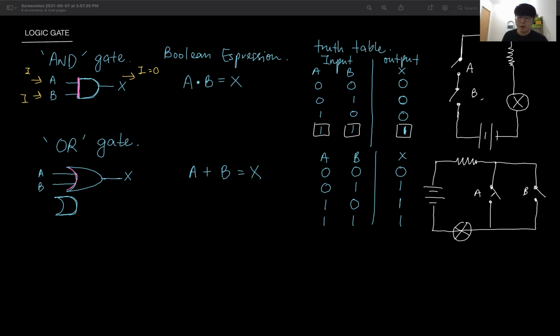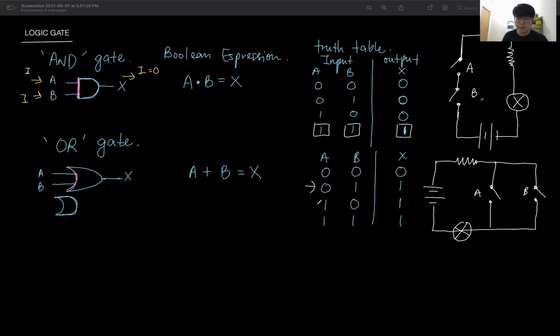If I open switch A, if I disconnect switch A, and I close switch B, is there current flow? Yes, because current can flow in the outer circuit, even though switch A is disconnected. So there is current flowing. Switch A is off, switch B is on, then it's on.